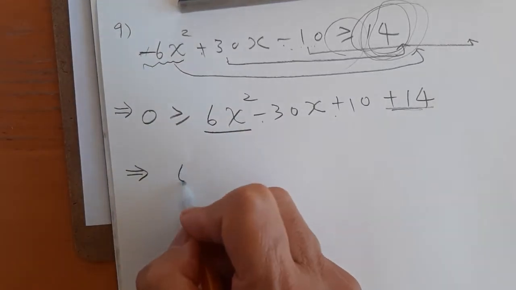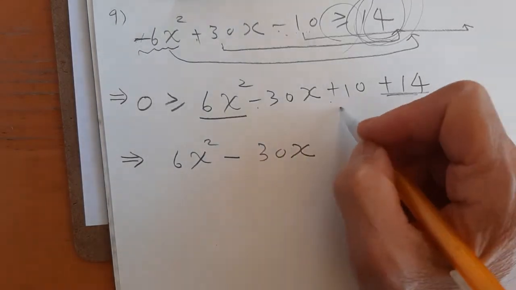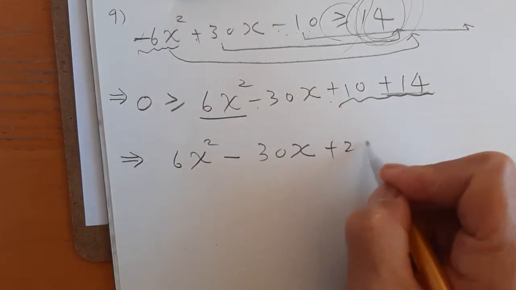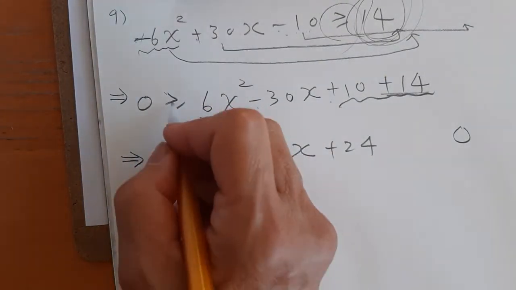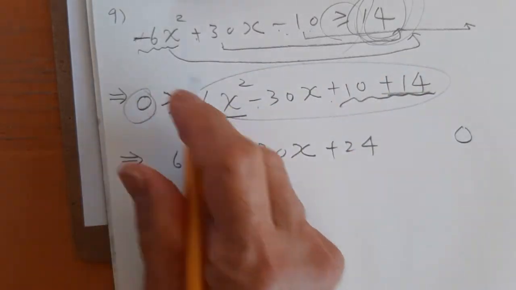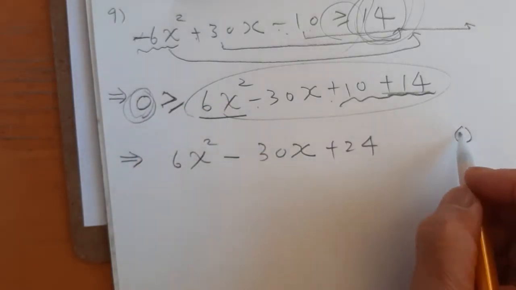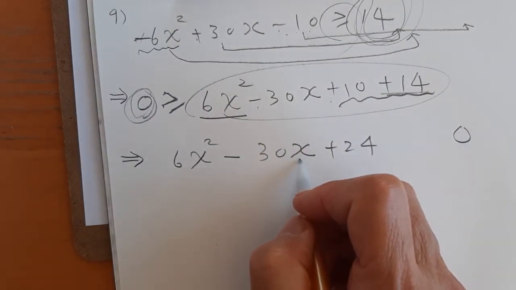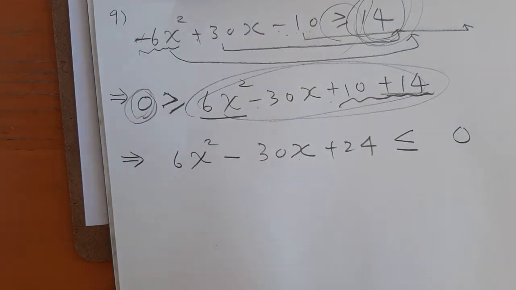Then you write this 6x squared minus 30x. The 2 terms combined give plus 24. And then the other side is 0. Here this side is smaller and this side is larger because here is wider. So 0 is greater than or equal, so this side should be less than or equal to 0.